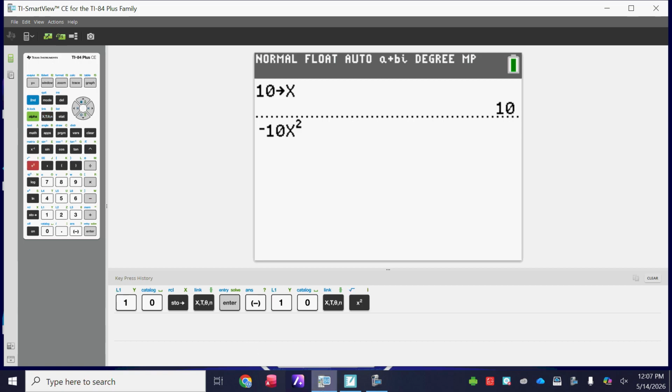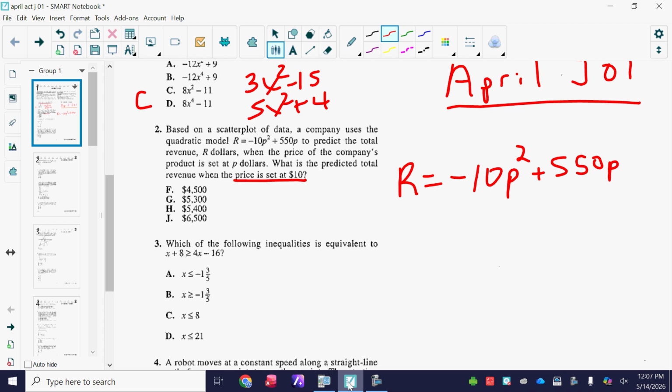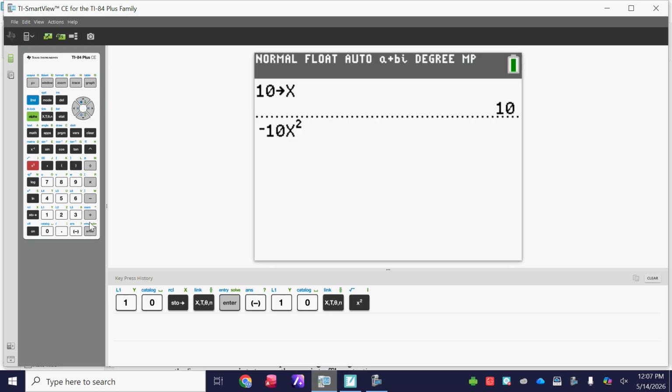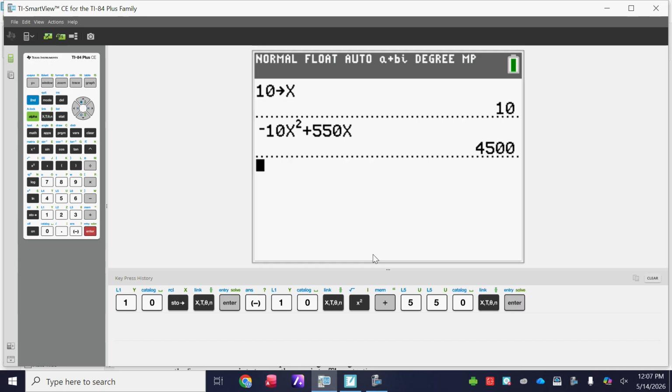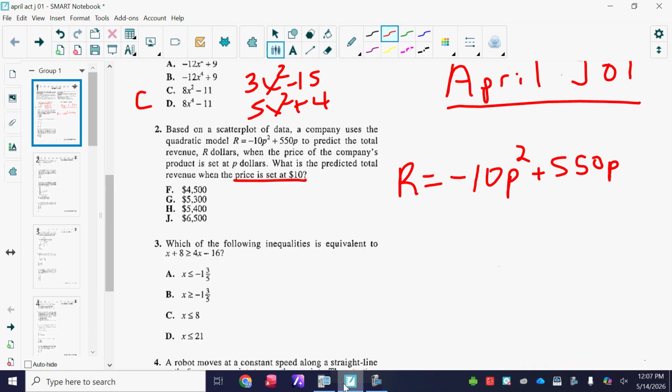And that just gives you the answer without doing any kind of work. It's the STO button. And the answer is 4,500. Okay, so what is that? Choice F.